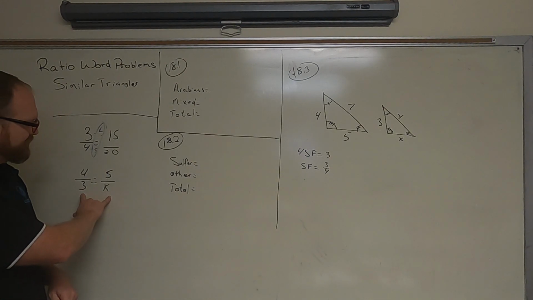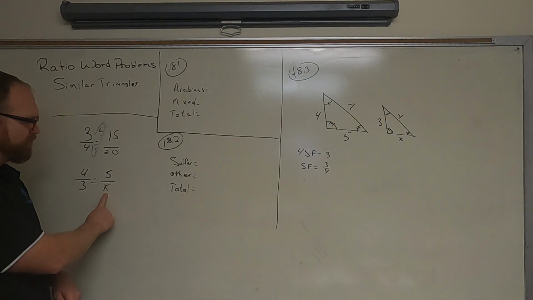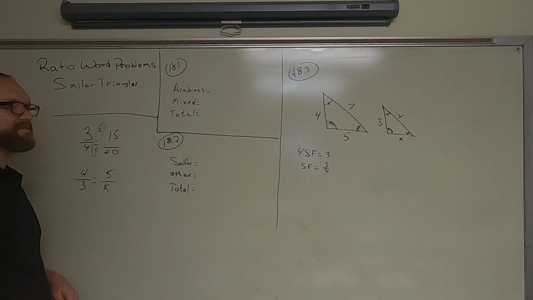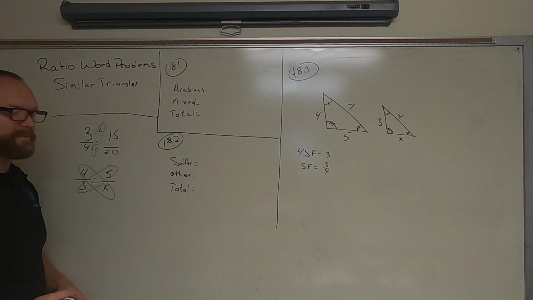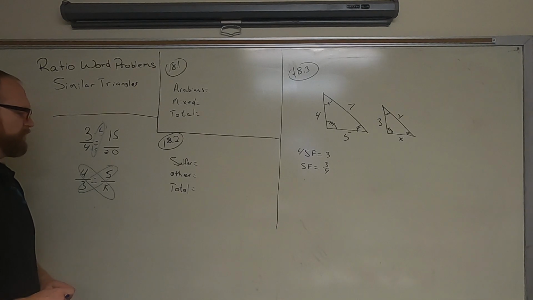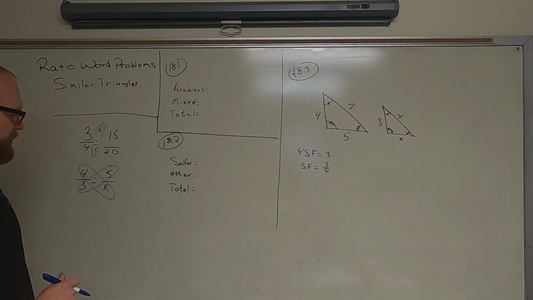If you have a proportion set up and you're missing a number, or there's a variable there, we can simply cross multiply. I remember doing that from way back in grade school. We learned to cross multiply, maybe in general math, maybe in 7th grade, 8th grade.